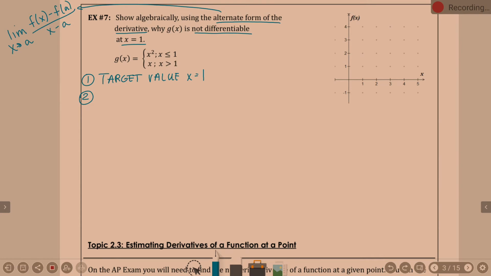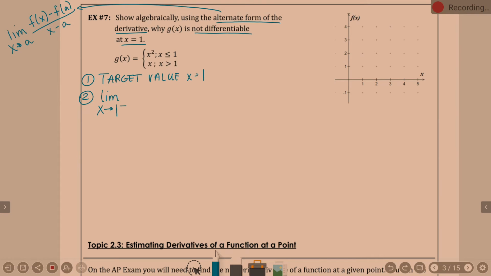So, the derivative on the left has to match the derivative on the right. So, the limit as x approaches 1, you want to do left or right first? Left. From the left, f of x minus f of a.